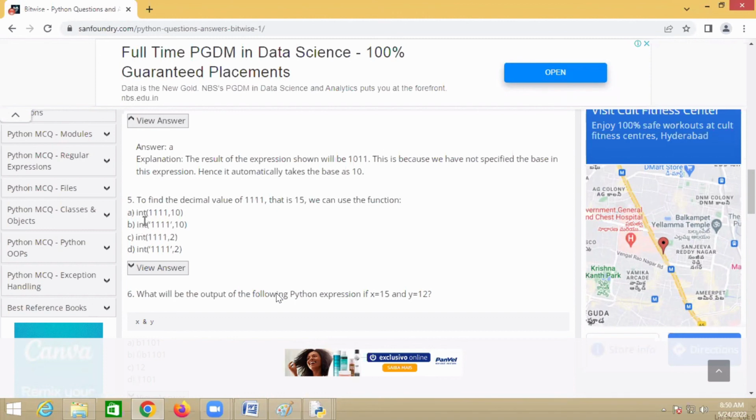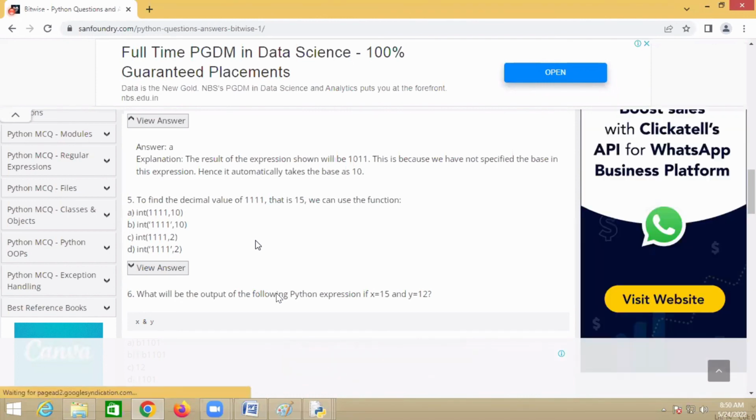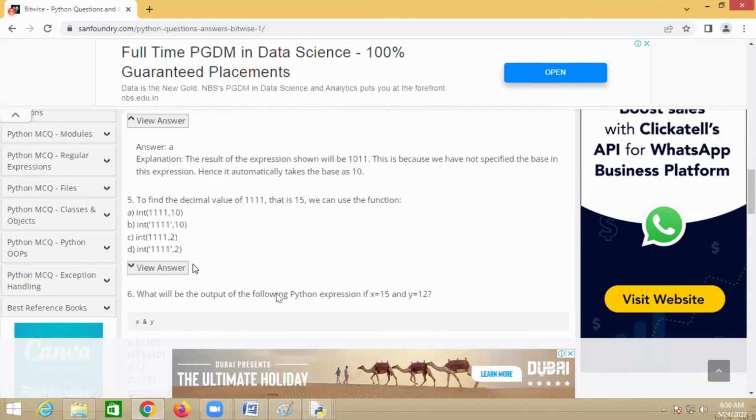Which one are you using? Integer of 11111 within single quotes, and 2. Tell me, which one is the correct answer? Very good. D is the answer.